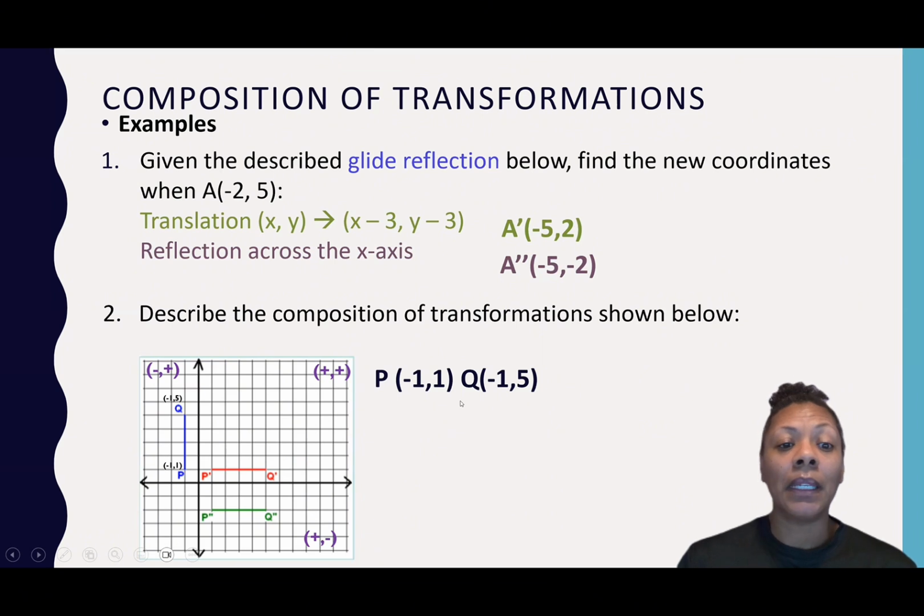And if we go on to see what those coordinates are, we can see what the rules are. So here I see that my P prime has now become positive 1 and 1, X and Y. And then my Q prime has become positive 5 and positive 1. Again, if I'm looking at my quadrant signs, I see that both my X and my Y should both be positive.